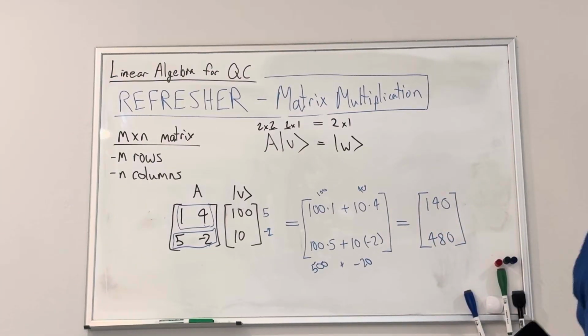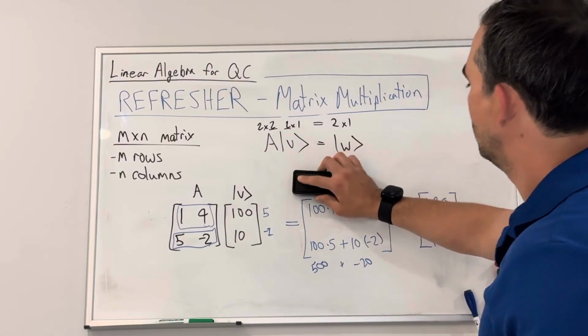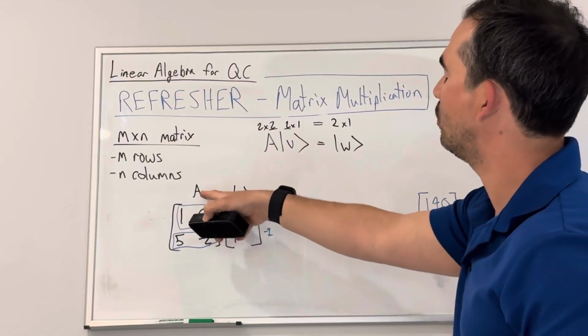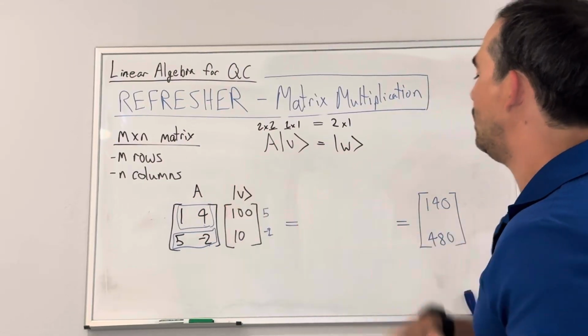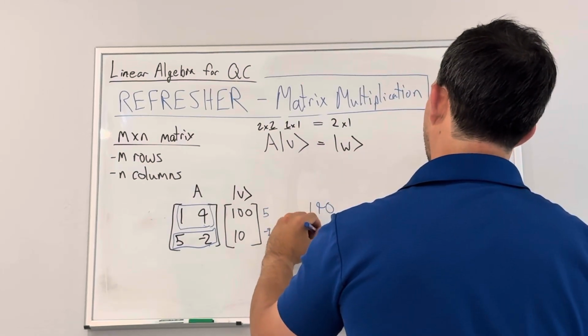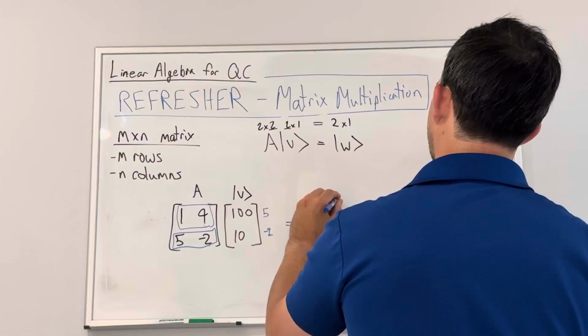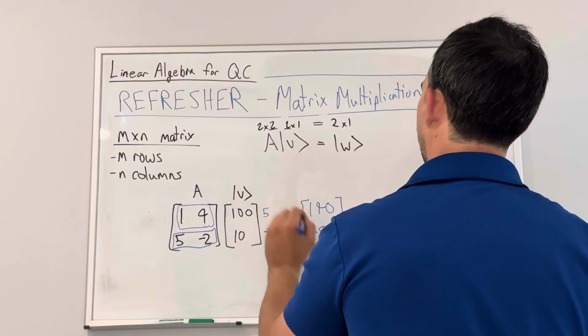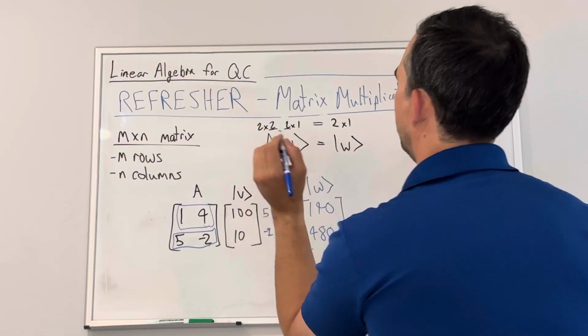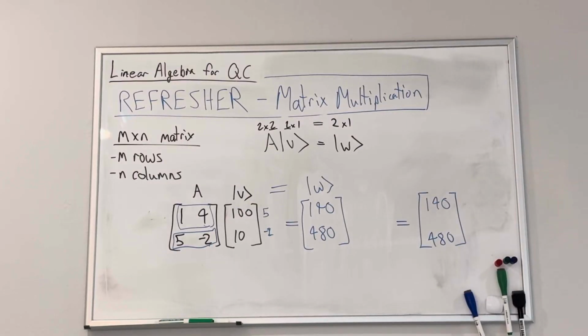So our final answer is that A times V gives us 140 and 480 as our vector W. And that is how we multiply vectors and matrices.